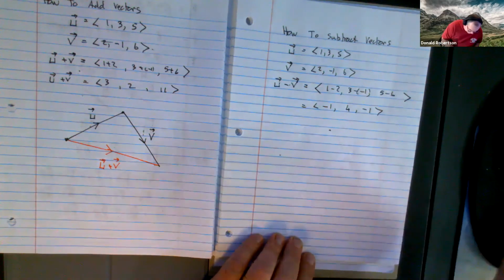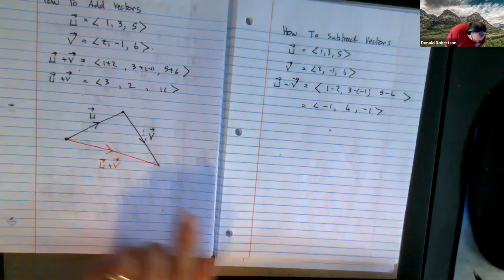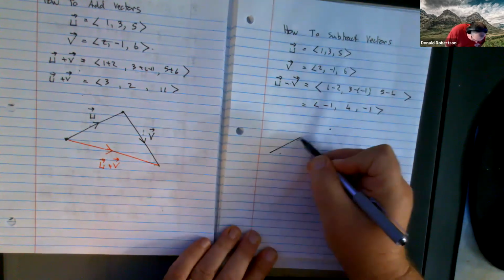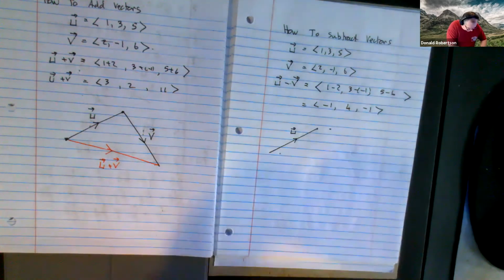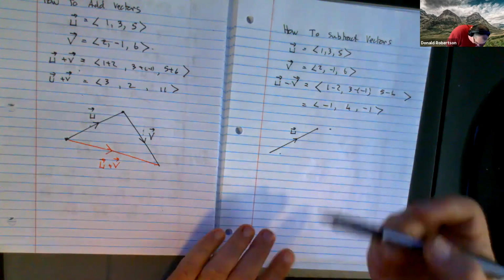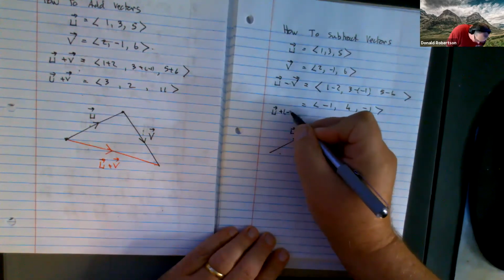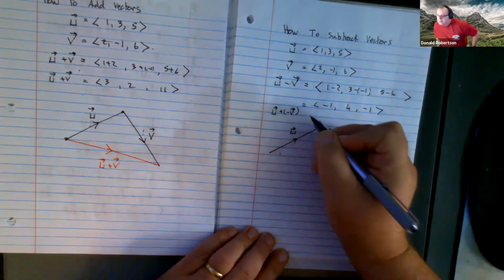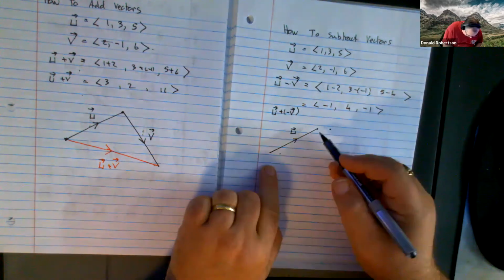Okay. Now, visually, what does that look like? Well, I'll try to be as accurate as I can. There's U, and this vector here is V. We think of subtracting vectors as adding the negative of the vector. So if this is U, oh, I should have done it lower down.